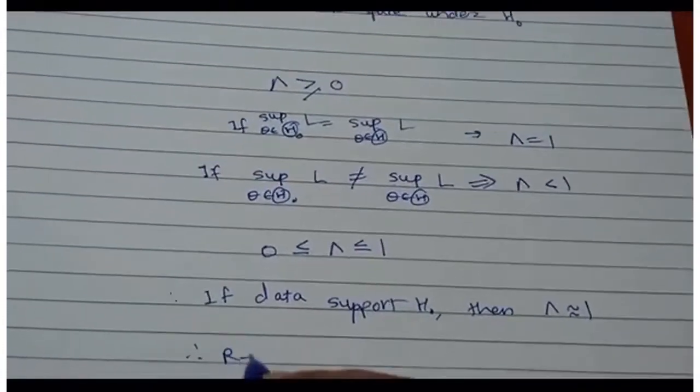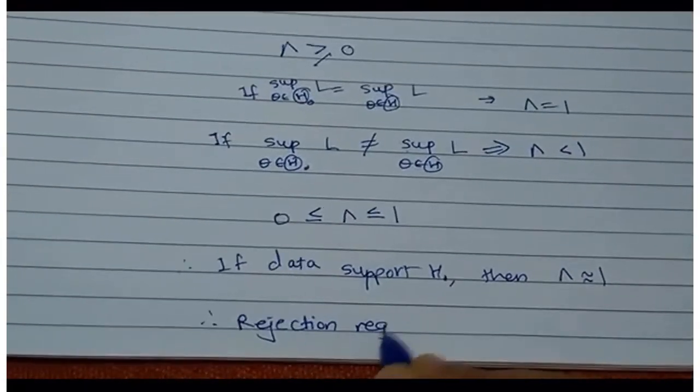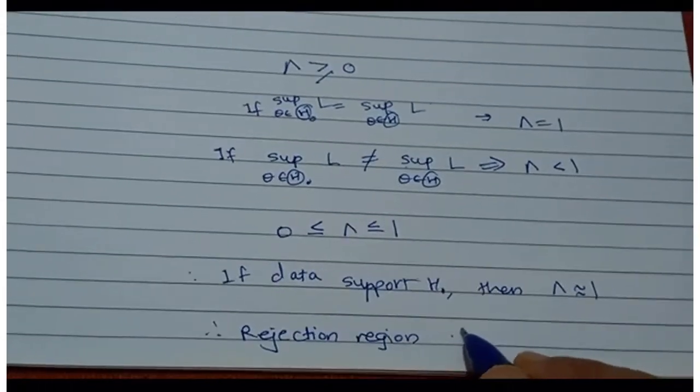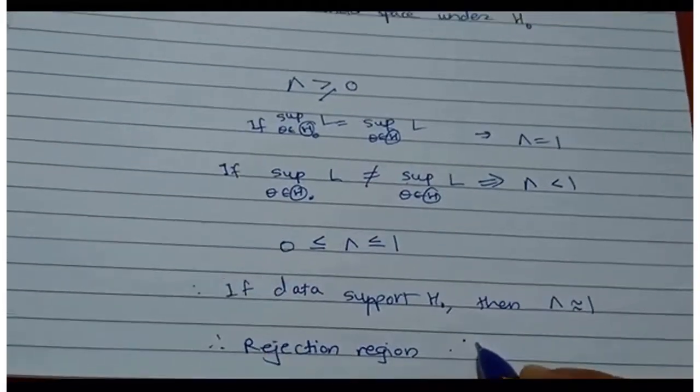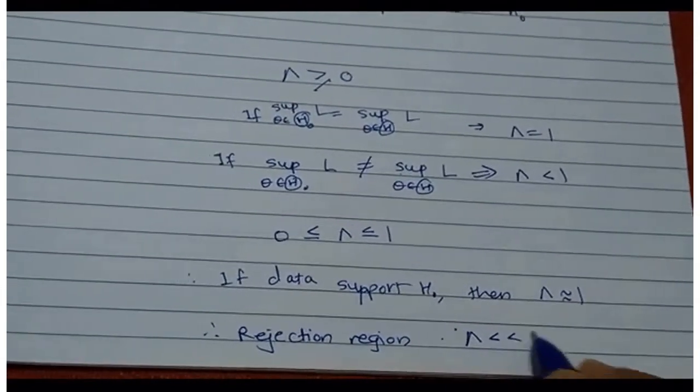Therefore, my rejection region in such LRTs, LRT being the likelihood ratio test, is where lambda is much less than 1.